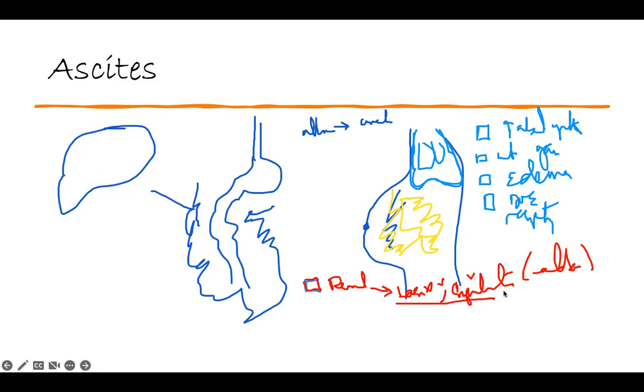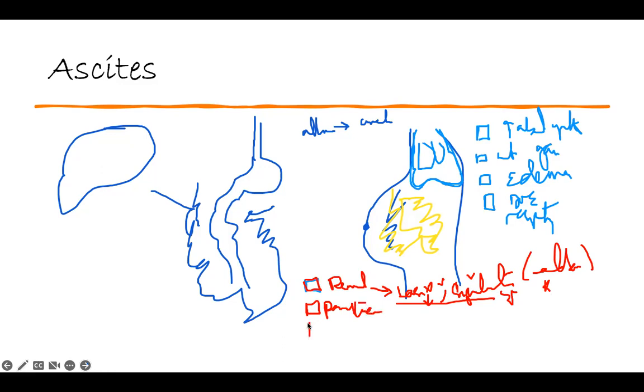Aldactone is potassium sparing, and Lasix will lead to losing potassium, so you can balance it out. That means you have to watch their potassium. So remove the fluid by letting them pee it out using a diuretic, or you can do paracentesis.